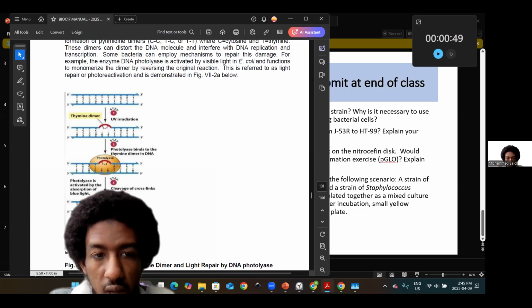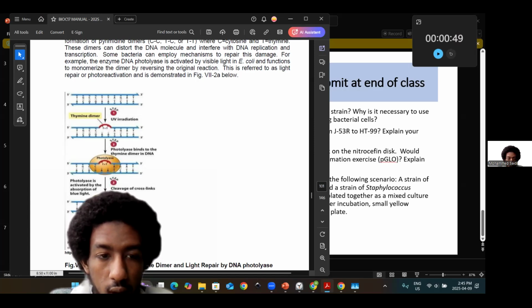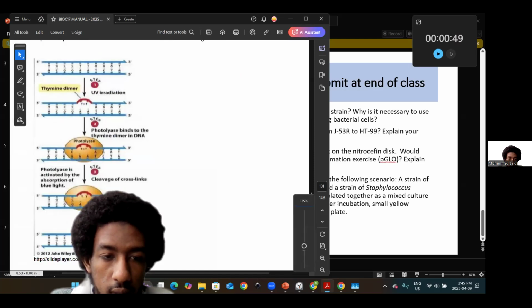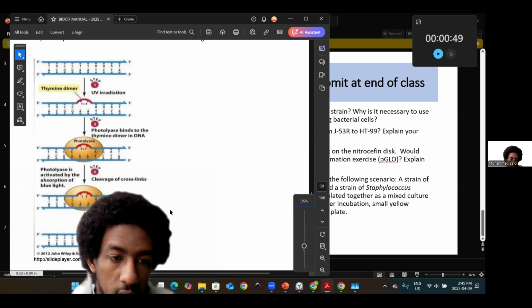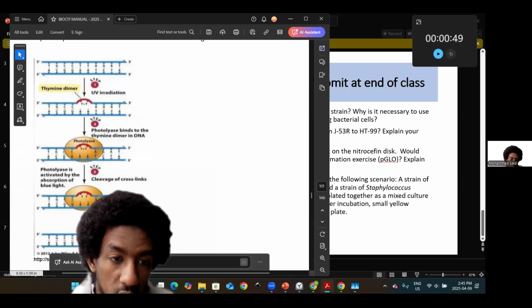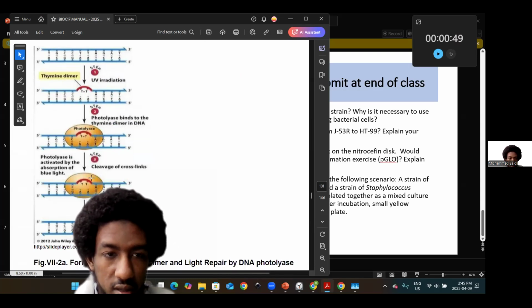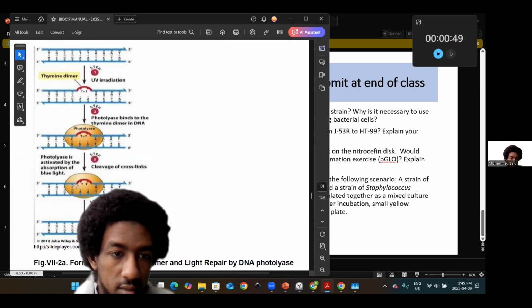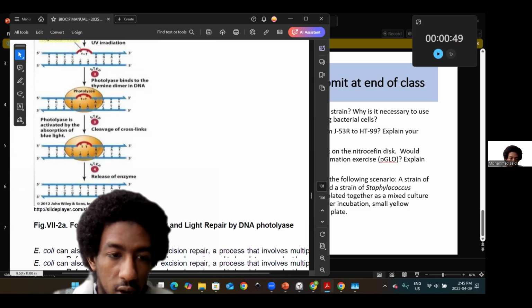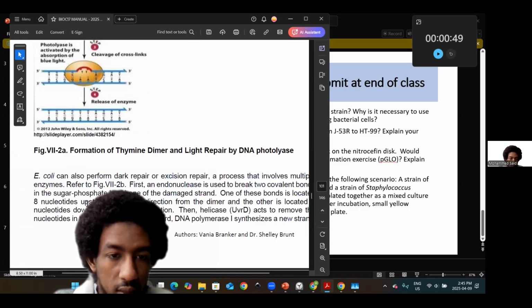And then essentially you can use other enzymes like ligase to return the hydrogen bonding between nucleotides. And so even though it may cleave the cross-link of the dimers to monomerize, you still use other enzymes accordingly to continue this repair.